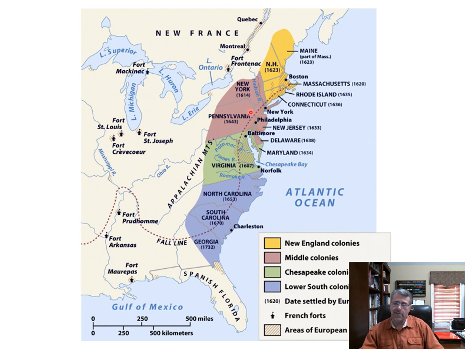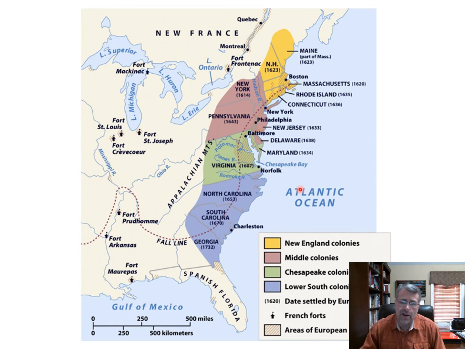Like I say, eventually the northern colonies, the middle colonies and the New England colonies, will just be thought of as one distinctive region. Once immigration picks up in these colonies, we'll see fewer differences, and this ethnic or cultural diversity will become characteristic of all of the North and not just the middle colonies.